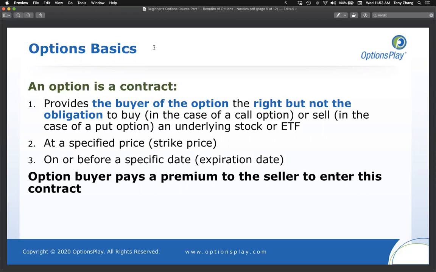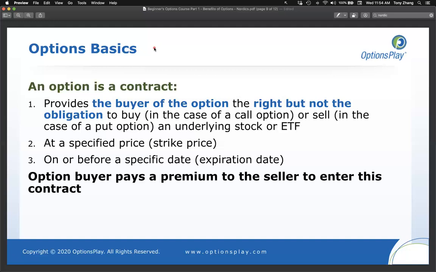So an option contract, and I'll read it right now, but more importantly, I want to show you what this actually means. An option contract provides the buyer of the option the right to, but not the obligation to buy, in the case of a call option, or sell, in the case of a put option, of an underlying stock or ETF at a specific price on or before a specific date.